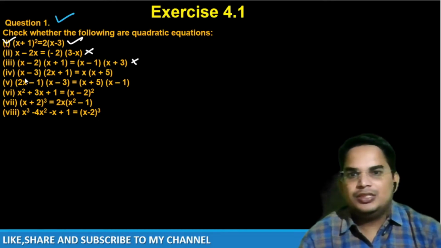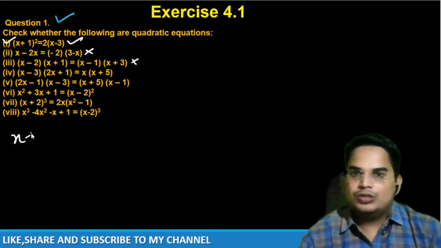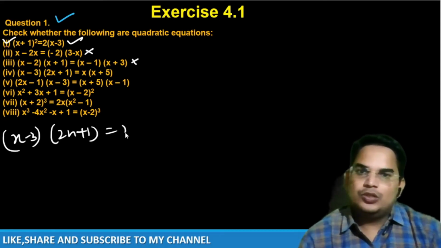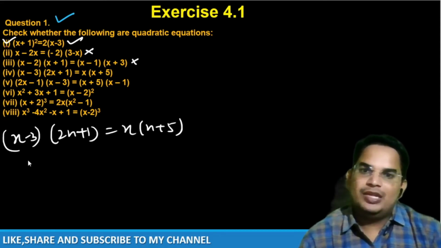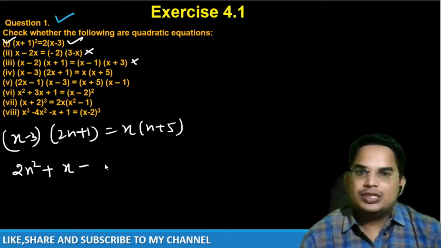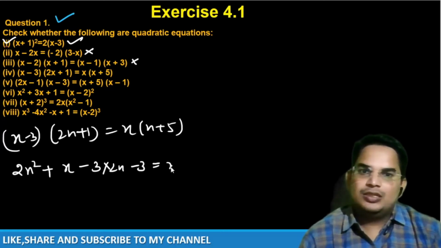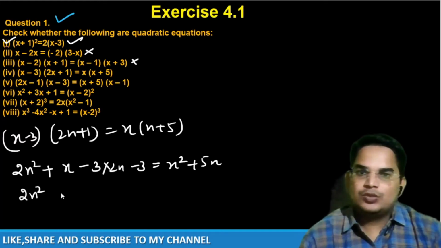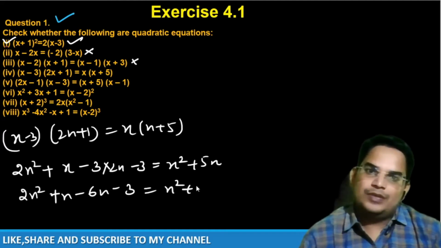What is given here? This is x minus 3 times 2x plus 1 is equal to x plus 5 times x. Now do the multiplication. x into 2x becomes 2x square plus x into 1, x minus 3 into 2x, minus 3 into 1, and x into x is x square, and plus 5x. So now you have 2x square plus x minus 6x minus 3 is equal to x square plus 5x.